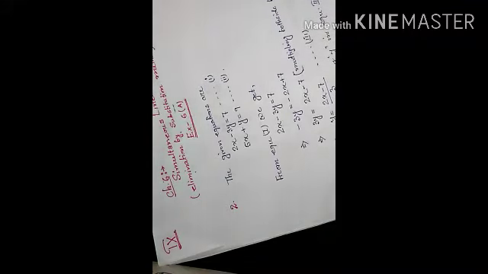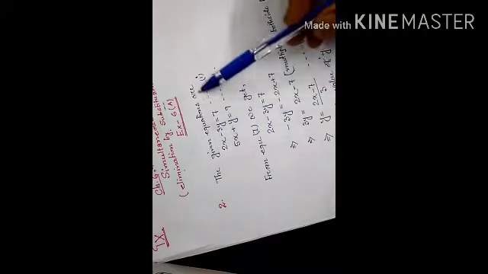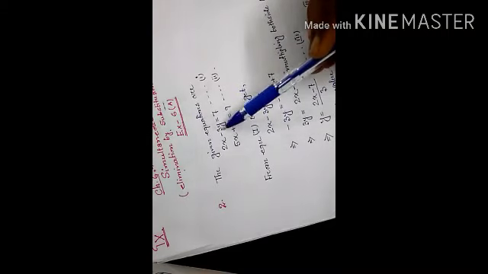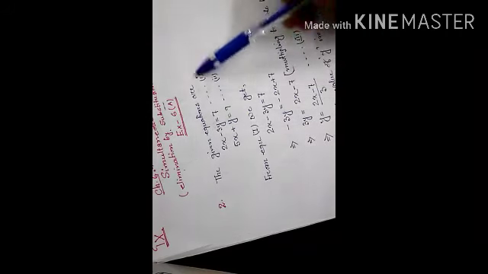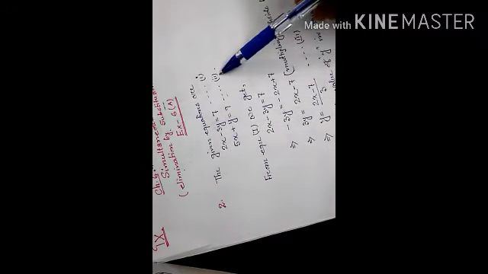Now come to the method. Here the given equations are 2x minus 3y equal to 7 and 5x plus y equal to 9. Call them equation number 1 and equation number 2.